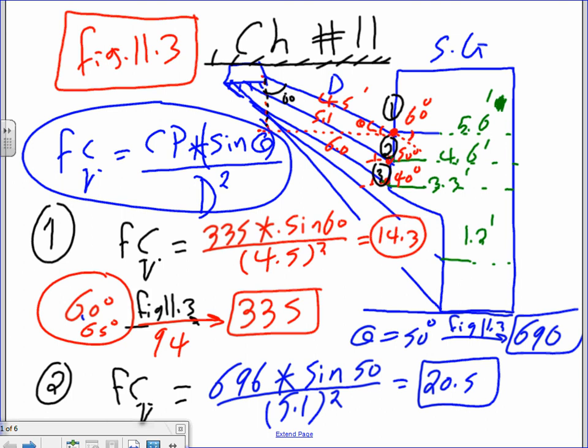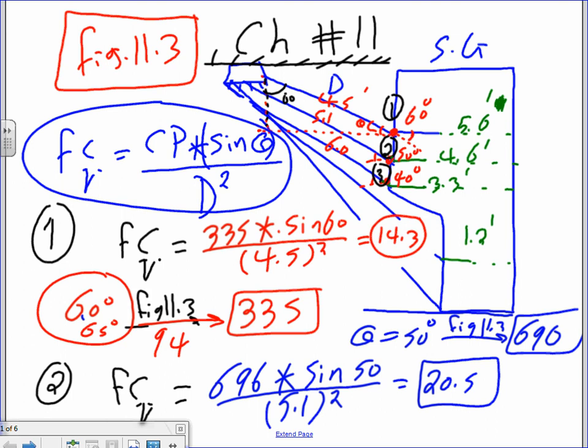So can you guys predict point 3? What I'm doing is finding the calculation at point 1, point 2, point 3, and then I need to find the maximum, minimum, and average right at the face of this switchgear.